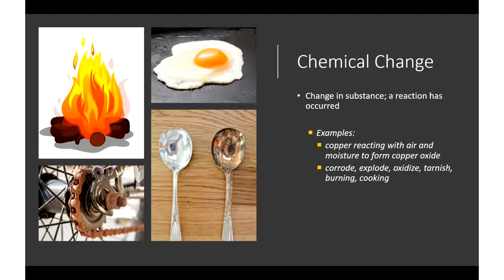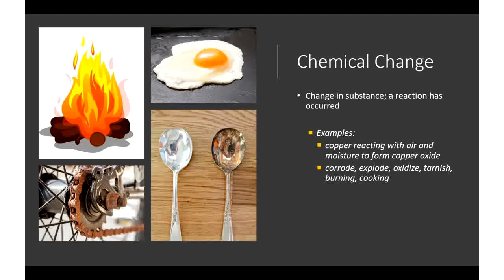Rust, we'll see rust in our cars and bikes and skateboards, especially if they've been left outside. Iron rusts because it reacts with the air and the moisture. So again, a chemical change is when the substance actually changes to something else. You get something completely new that you didn't have before, whereas a physical change is simply a change in appearance.